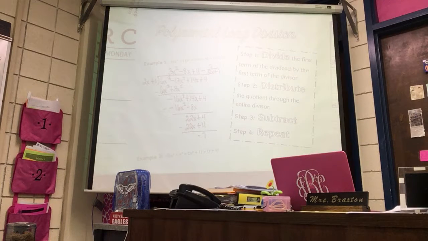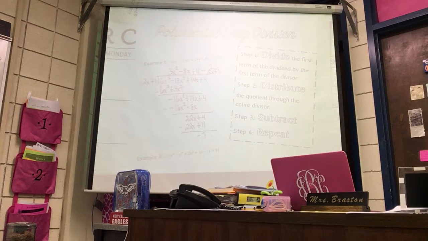Now, if I ask you, is 2x plus 1 a factor of 6x cubed minus 13x squared plus 14x plus 4? Is it a factor? No. Why? Because it has a remainder.